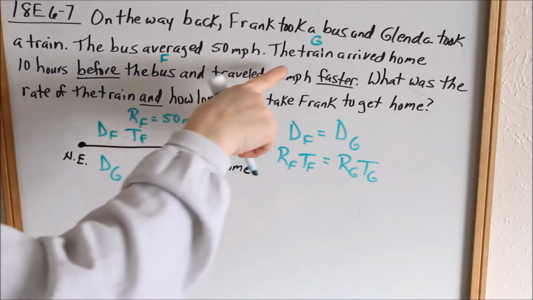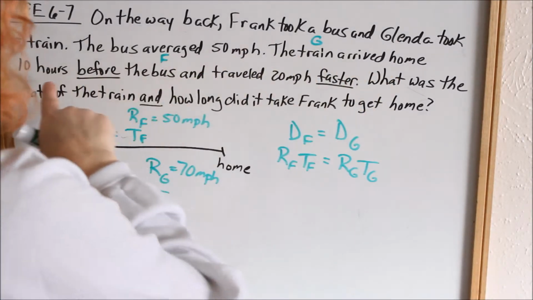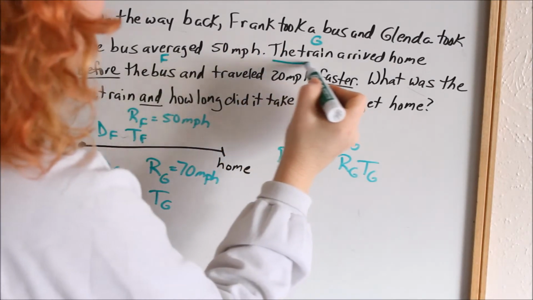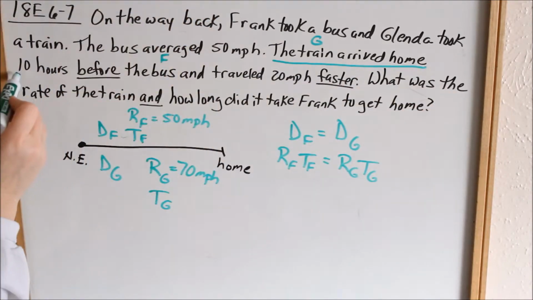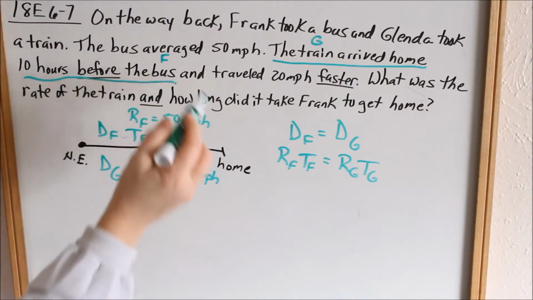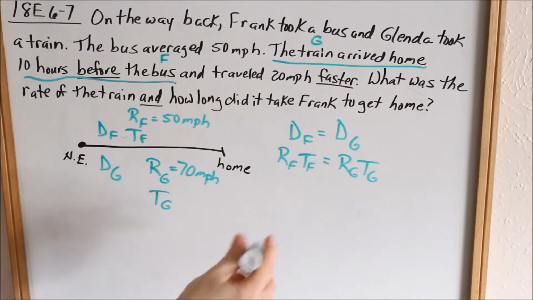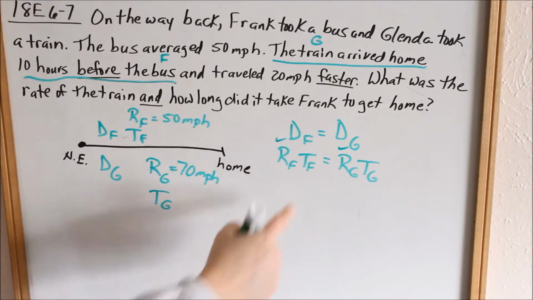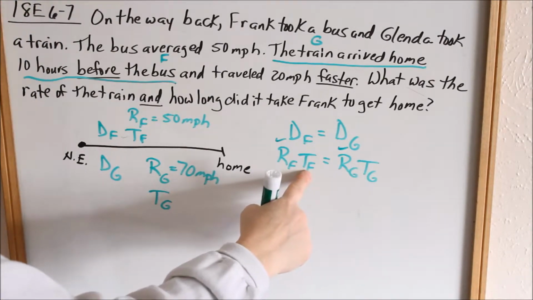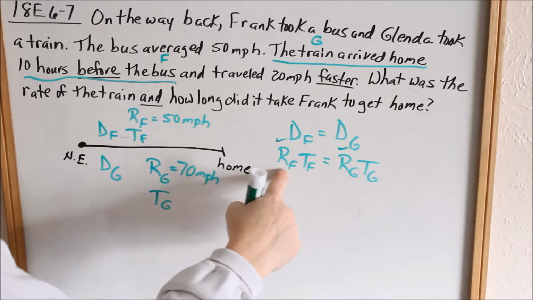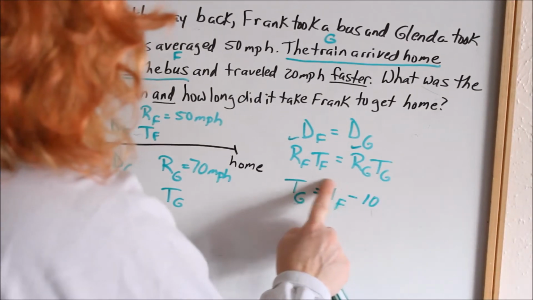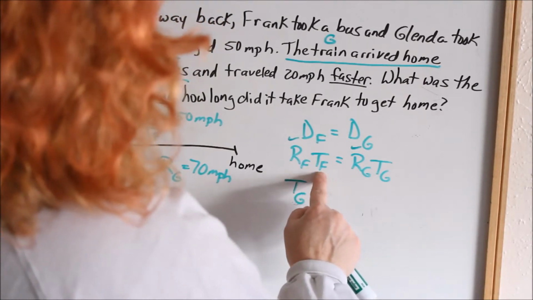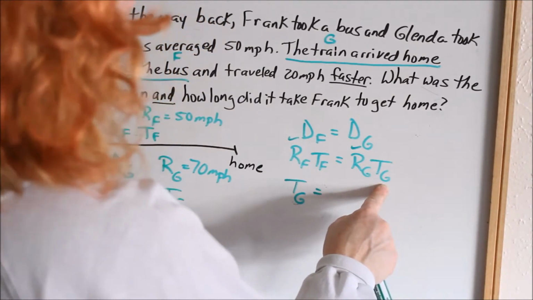So this sentence right here, the train arrived home 10 hours before the bus. This is going to be our key of figuring out the time. Because right now, if you look at this equation, we know Frank's rate, we know Glenda's rate, but we don't know their time. And we cannot have two unknowns because we only have one equation. Okay, so in this equation right here, we have two unknowns. If we have two unknowns, you have to have two equations to solve it.